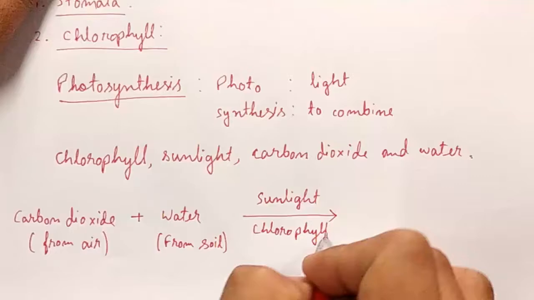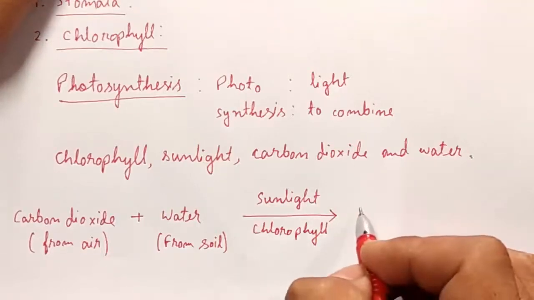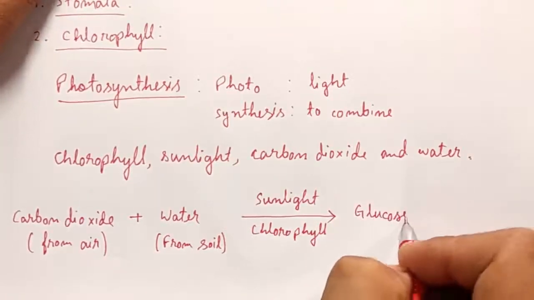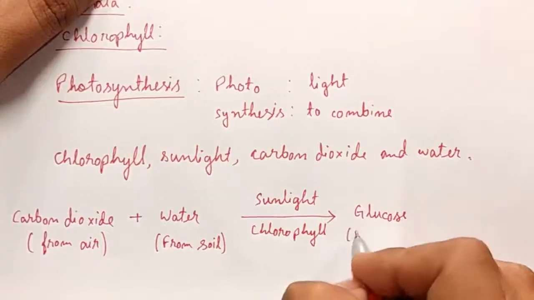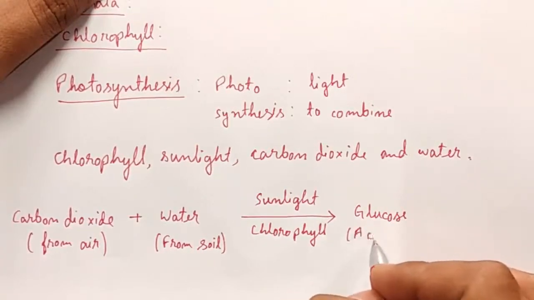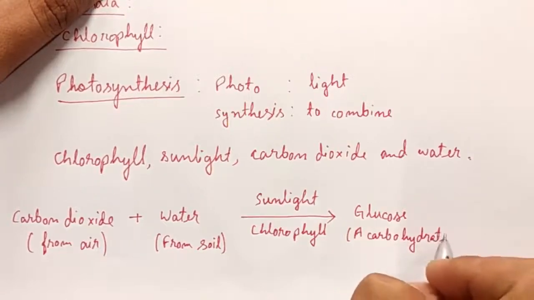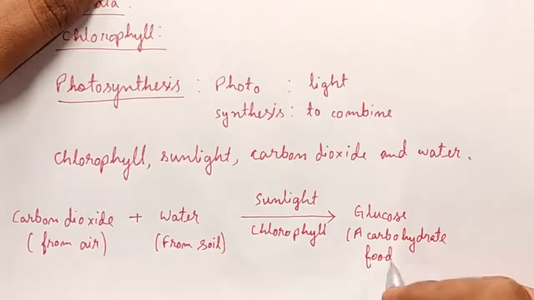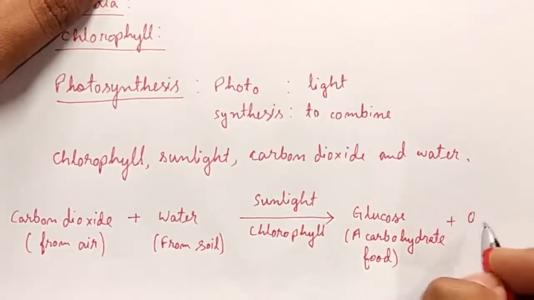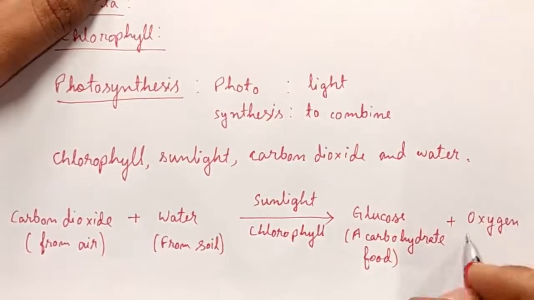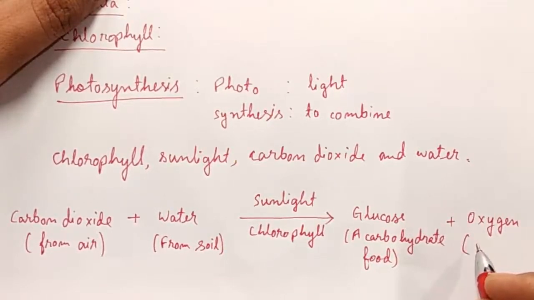Sunlight will be taken by chlorophyll. Will give glucose. It is a carbohydrate food. Plus oxygen. Oxygen will go into air.